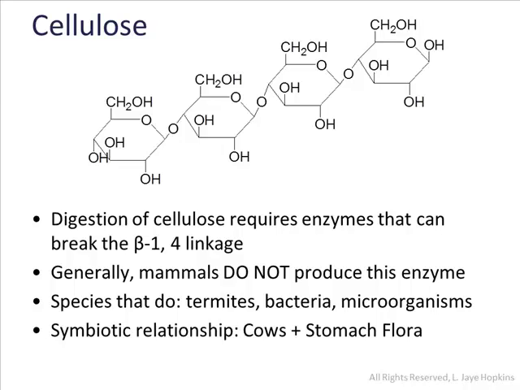The only other species that can do that are things like termites and bacteria, which is one reason that you can't survive on wood if you were lost in a forest, but termites are perfectly happy surviving on the wood that makes up your house. So, the beta-1,4 link that combines glucose molecules together to make cellulose is something that human beings cannot metabolize.